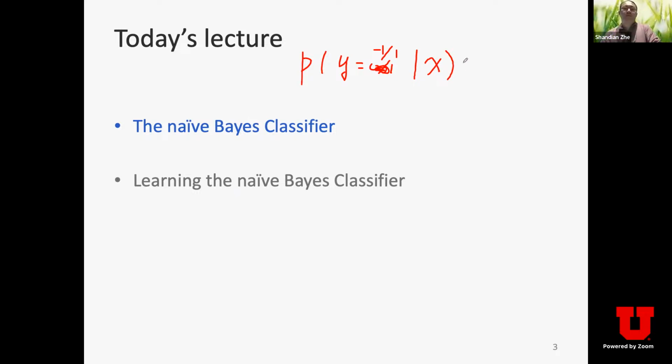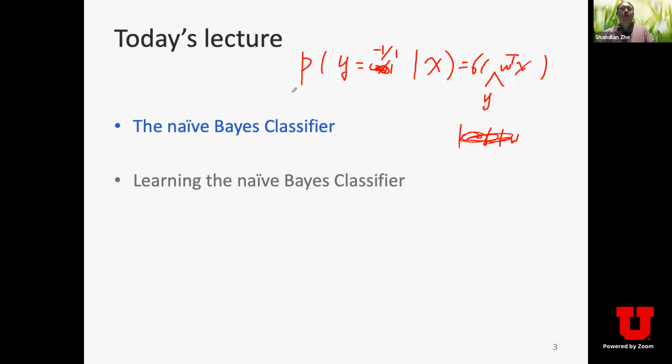We model this with a sigmoid activation function, and the score is just W transpose X. Here X is augmented with feature 1, and W is augmented with the bias parameter B. Then we multiply this score with Y. That basically says if Y is 1, the probability is just sigmoid of W transpose X. If Y is -1, then it is 1 minus sigmoid of W transpose X. This is a simple form which summarizes the two cases together. It's just a review of what we're going to discuss.